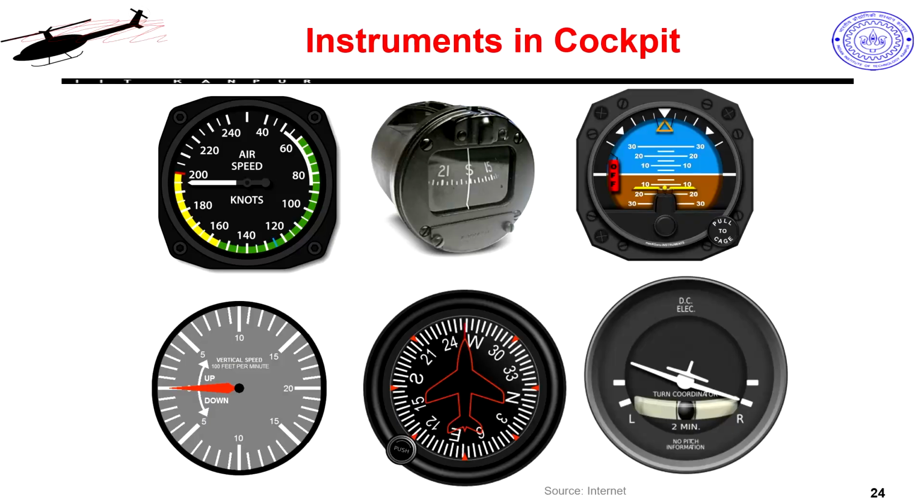Okay. So let us look at them quickly. The most important and critical instrument or indicator is this. What is the name of this? No, it is not altimeter. This is called artificial horizon. And the hint is there, right?